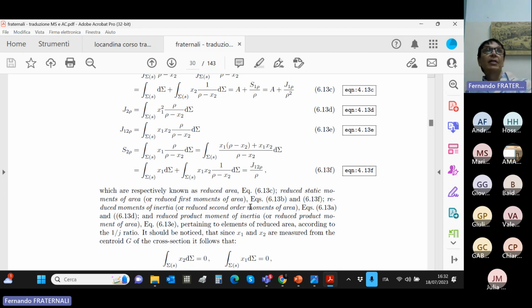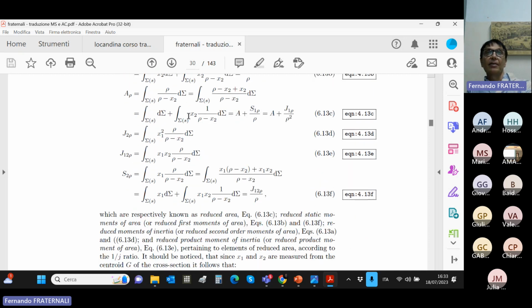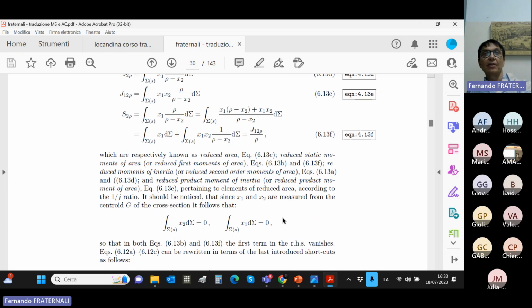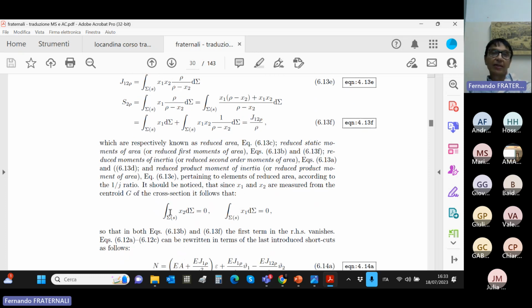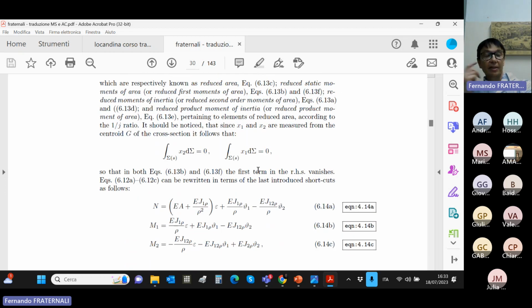So we have these quantities with the rho index that account for the curvature of the axis line. x1 and x2 are measured from the centroid, but S1 rho and S2 rho are not zero, while S1 and S2 are zero.